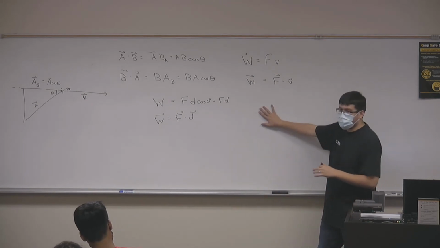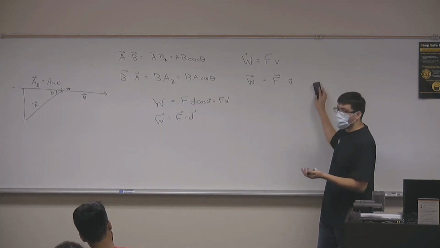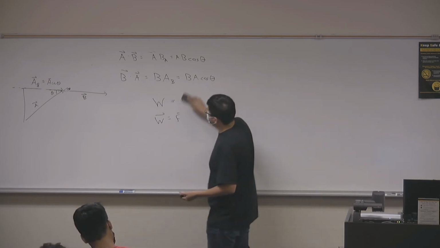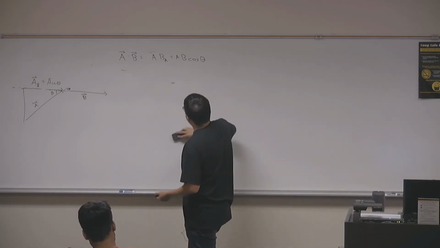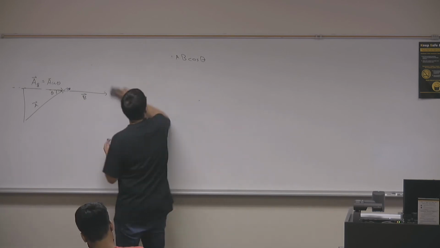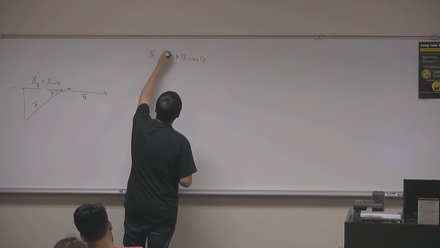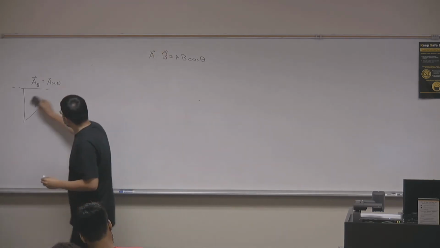But I care more about the physical definition because that's essentially what you're going to look at when you graduate, right? You're going to look at physical definitions, okay? So we define our dot product as the product of the two magnitudes times the cosine of the angle between them.